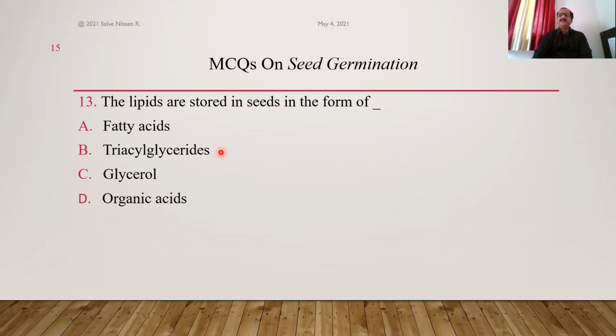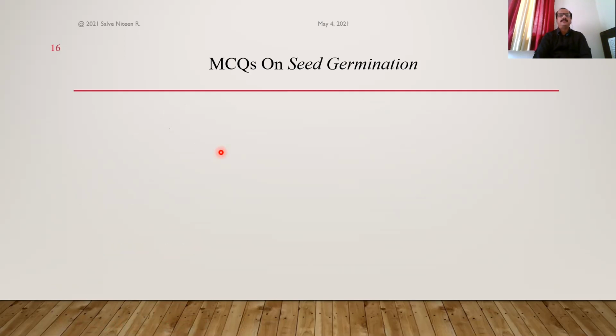That fatty acid is then transported to the glyoxysome, where it is converted into organic acids, malic acid and so on, as you have studied. These organic acids then ultimately get converted into sugar, and that process is called gluconeogenesis, the synthesis of glucose from non-glucose material. So here the answer is B, triacylglycerides.